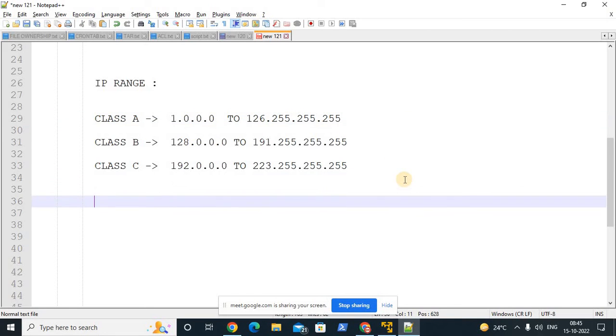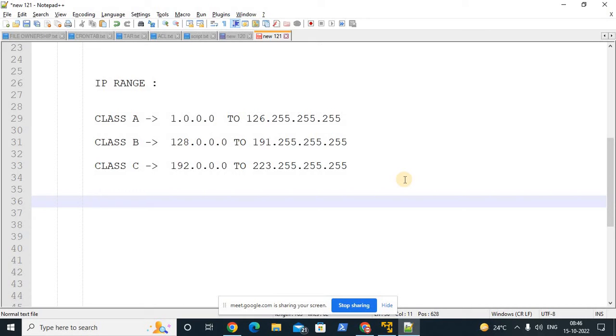Now we'll talk about public and private IP. What is the difference between private IP and public IP? If someone wants to communicate with another network, then we require a public IP. For example, if I want to create an instance on AWS, meaning an operating system on an AWS machine, and connect that machine with my local computer, for that we require a public IP.